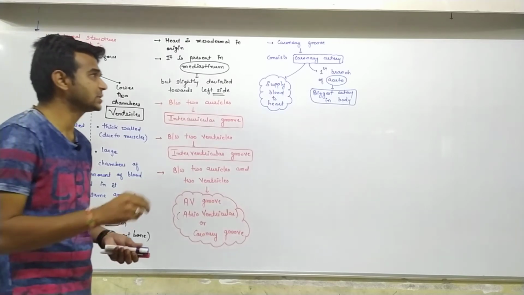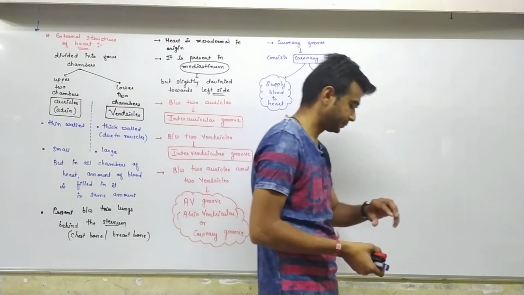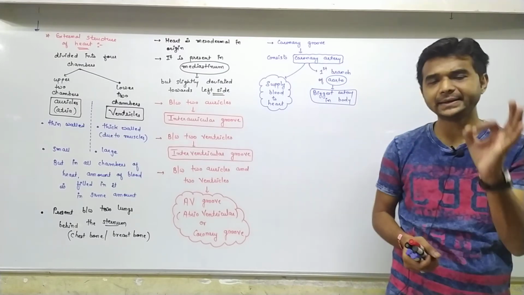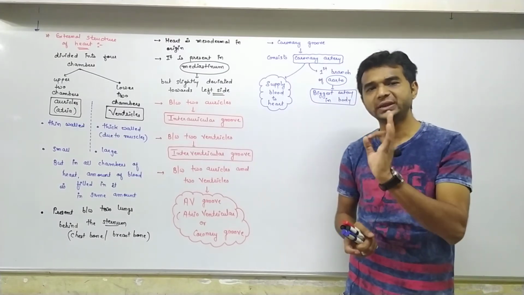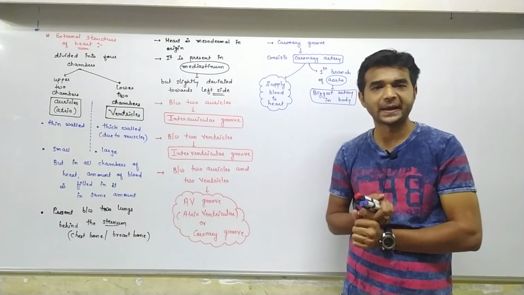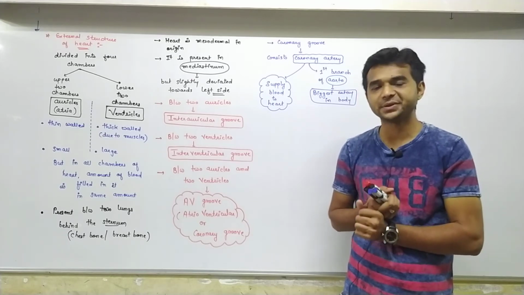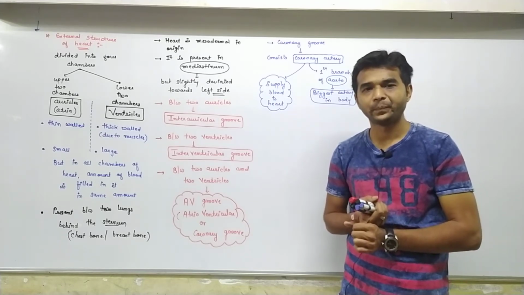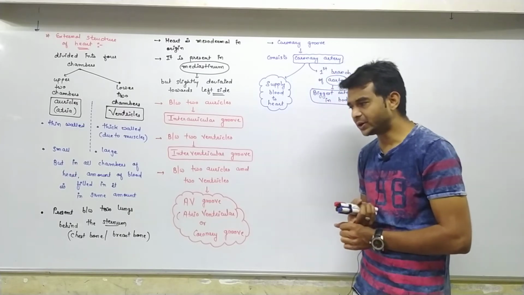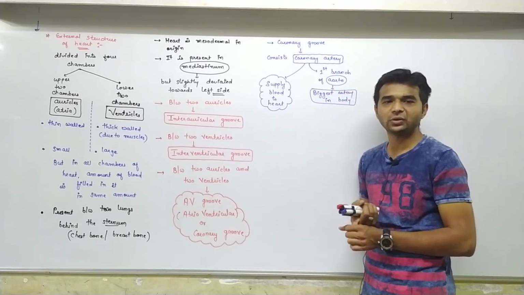The coronary artery supplies blood to the heart muscles, or we say cardiac muscles. The scientific word related to the heart is cardiac.